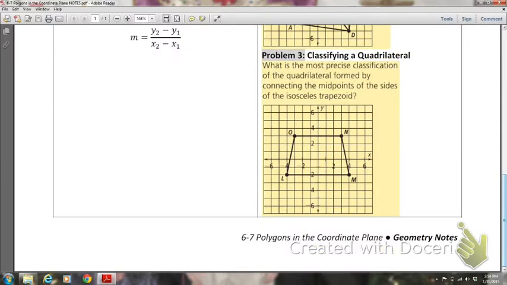And the last problem, we're classifying a quadrilateral, and it asks you to determine what is the most precise classification of the quadrilateral that's formed by connecting the midpoints of the sides of this isosceles trapezoid. So we have to begin by finding the midpoints of the sides of this isosceles trapezoid.